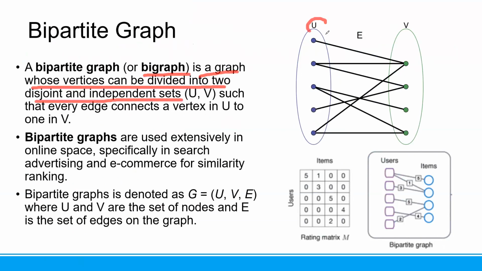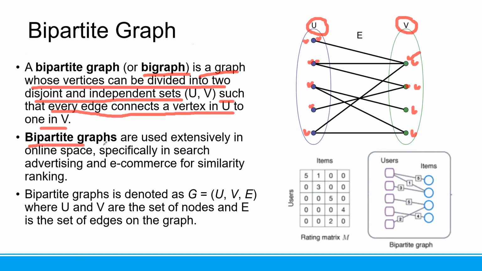So here is U and then it is V. So the vertex in U is different from the vertex in V, and every edge connects a vertex in U to one in V. So this one should have one connection to this V. This U should have a connection to at least one of these V.